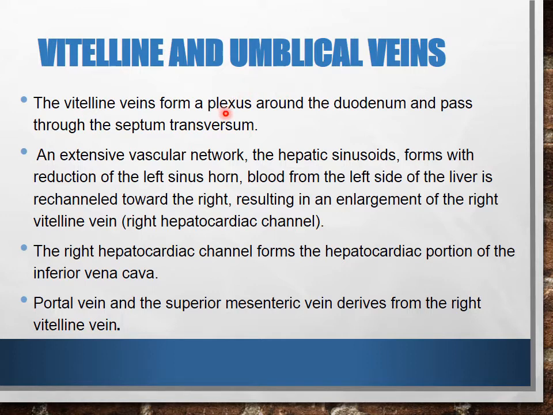The vitelline veins are going to form a plexus around the duodenum, and then they penetrate into the septum transversum in the rest of the body.